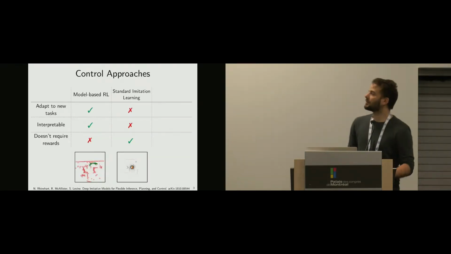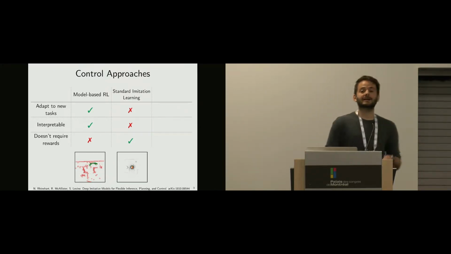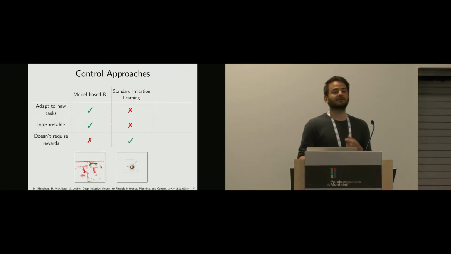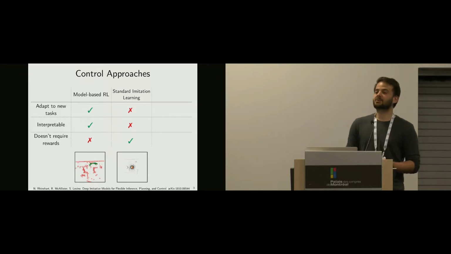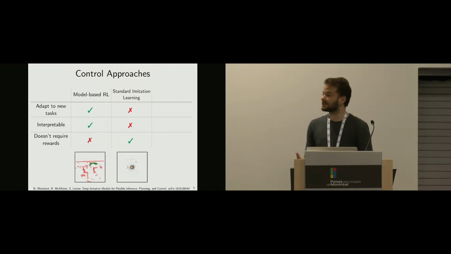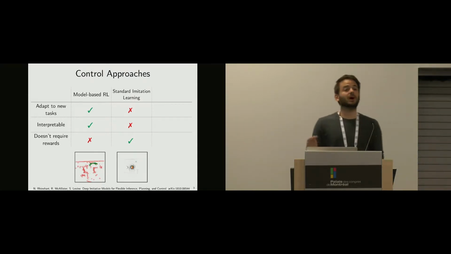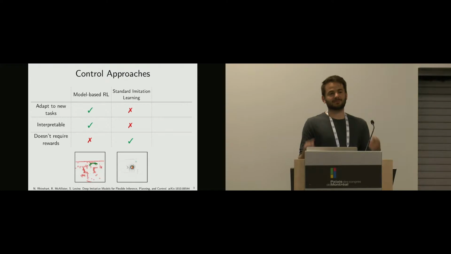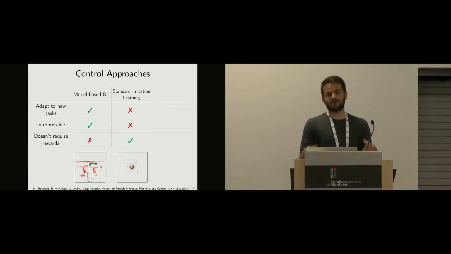Okay, so a couple common approaches you might take towards these goals are model-based reinforcement learning and some standard imitation learning approaches. And they have a few pros and cons. So with model-based reinforcement learning, it's pretty nice because once you're given a reward function, you can adapt to new tasks if the reward function is well specified. You can use this reward function in your learned model to plan, and these plans are generally pretty interpretable, which gives you a good idea of what's going on in the system and what's going to happen if you try to execute this plan.